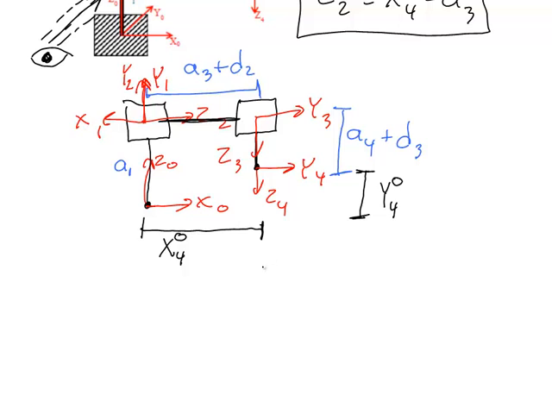We can, and we can do it like this. The y position of frame 4 relative to frame 0 is equal to this complete distance, which is A1, minus this distance over here. Now, we can change the order of this equation also to give us an equation for D3.